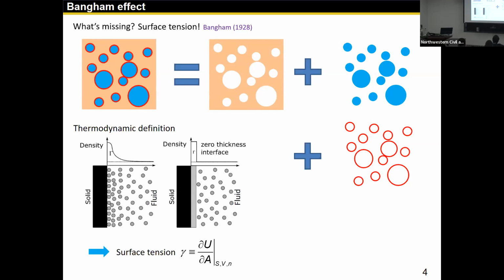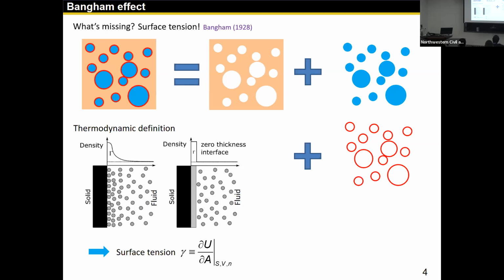Before we go into this topic, we can define surface tension in different ways, but here let's look at the thermodynamic definition. Basically, if you place a fluid in an adsorptive solid, the fluid density will vary continuously when it's near the solid, because of the attraction between solid and fluid molecules. Describing that system is difficult because it's varying everywhere.